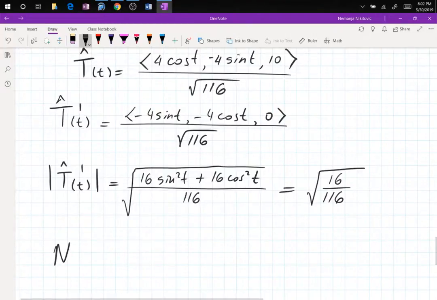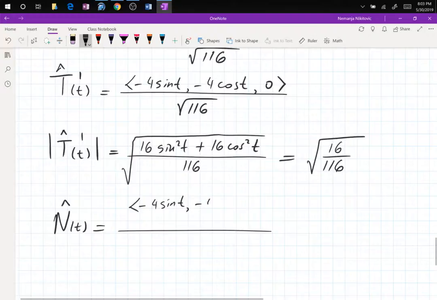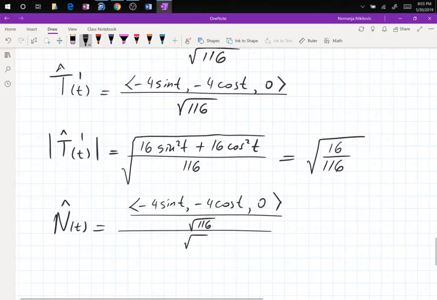So the normal vector, and it's a unit vector because we are dividing by the magnitude, is going to be given by negative 4 sine t, negative 4 cosine t, 0, everything divided by square root of 116, and then over here I have a square root of 16 divided by square root of 116.